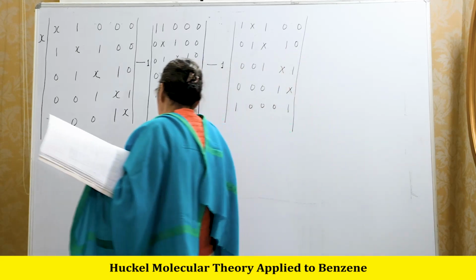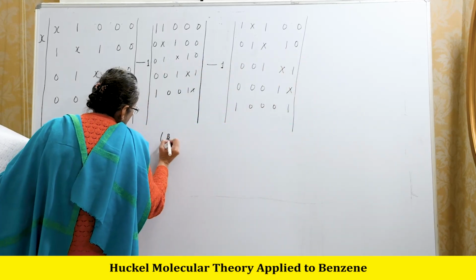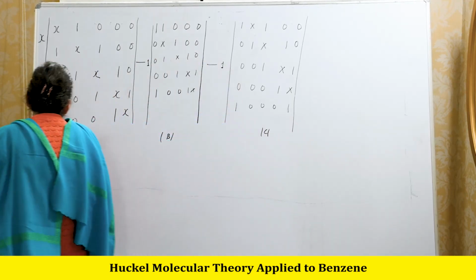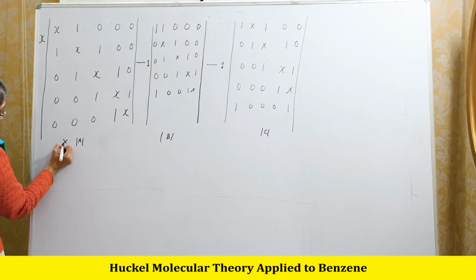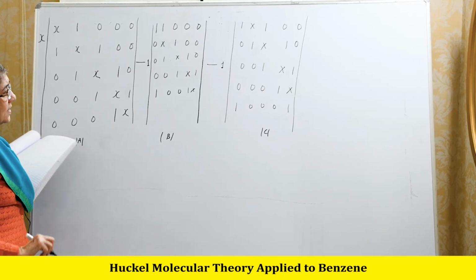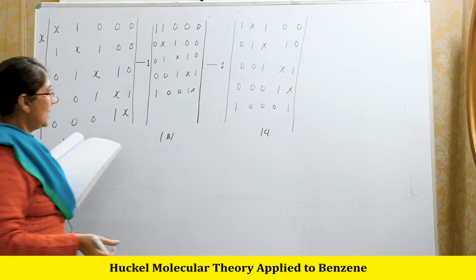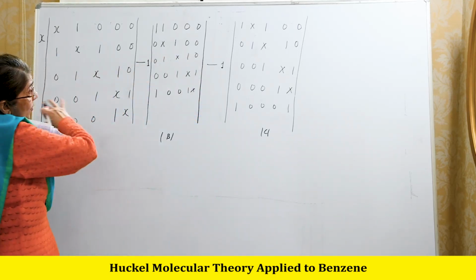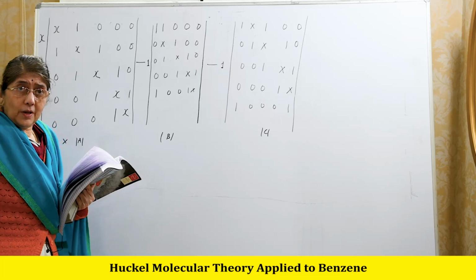So this is the B determinant and this is the C determinant. So we will solve all these determinants, but here I will solve only this C determinant, and I have already uploaded the solution of the determinant in detail in my video.